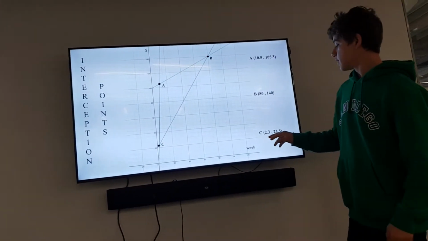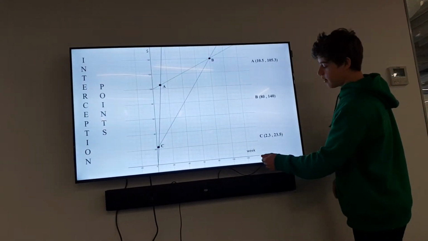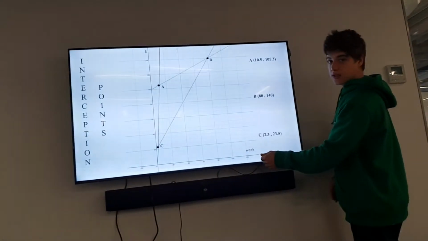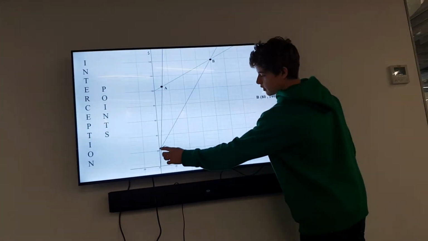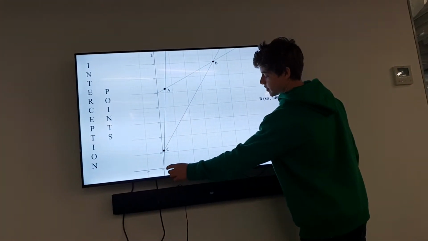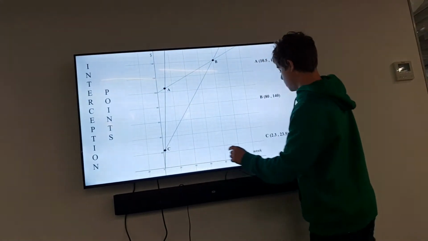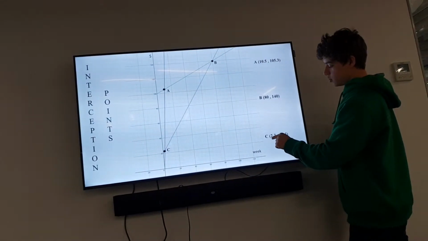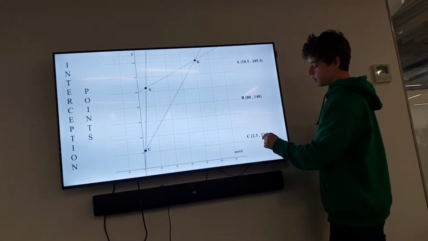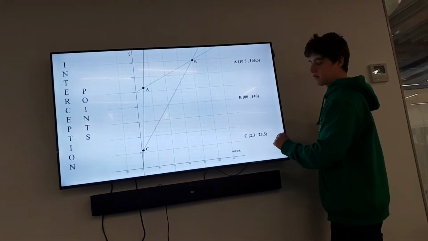The x-axis represents weeks and the y-axis represents the cost. So in 2.3 weeks, it will cost $23.5.